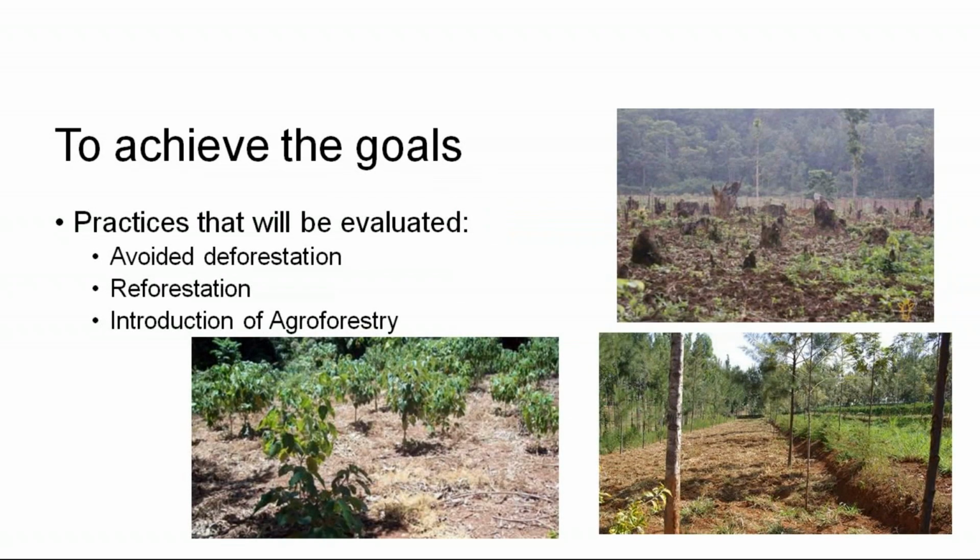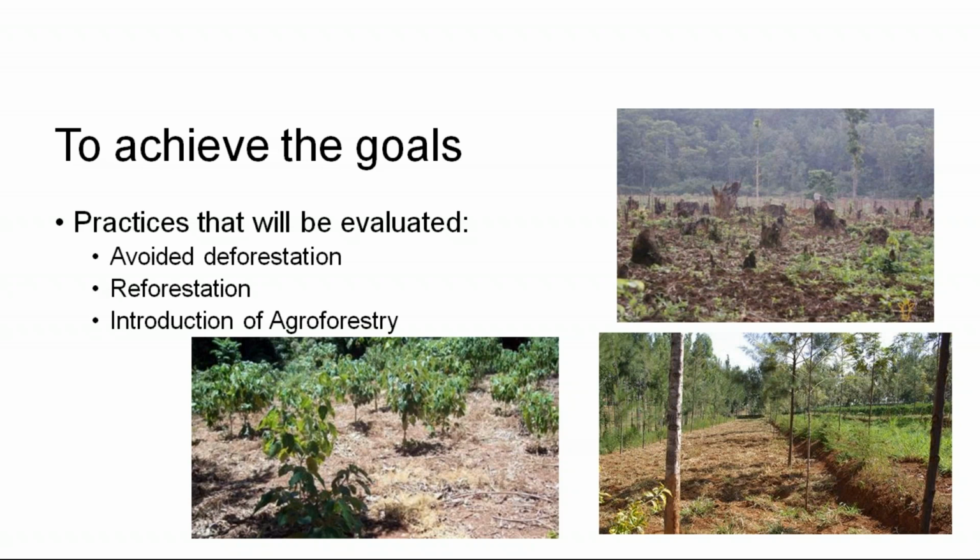So to achieve these goals, the project was actually implemented to avoid deforestation in a large area of the Kakamega forest. It also wanted to introduce reforestation, so there was an area which had been deforested in the past, and they wanted to have an active tree planting program in this area to reforest it, and then the introduction of these agroforestry plots that we've already looked at.